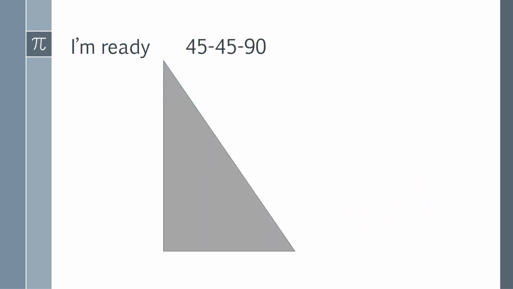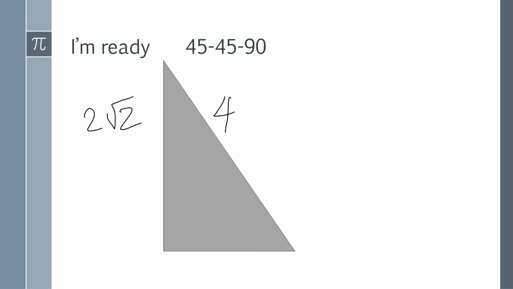Let's talk about the 45-45-90 triangle. All right. So suppose I give you the same scenario, 2 square root 2, and I give you 4 for the hypotenuse.